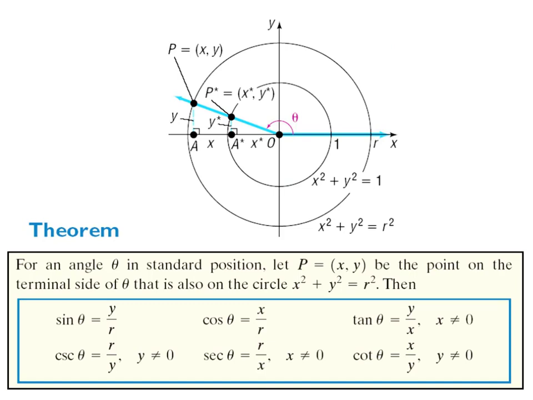Okay, so now we're going to expand a little. Up until right this second, we had that the sine of theta is equal to y, right? But now look, it says y over r.